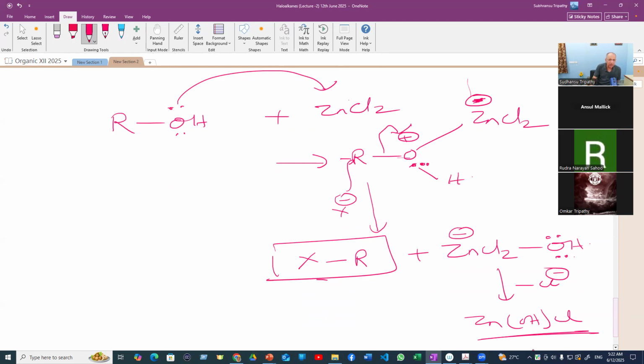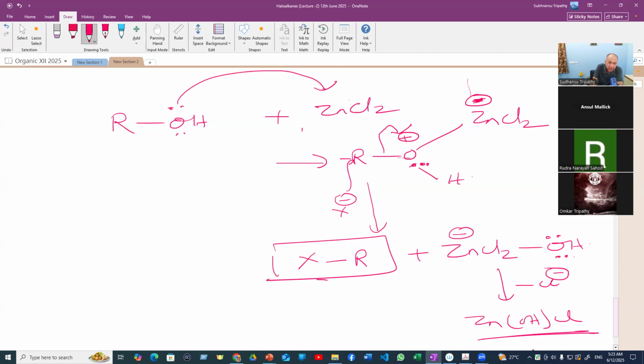So zinc ion acts as a Lewis acid to bind the oxygen and enhance the electrophilicity to the extent that rearrangement doesn't take place. If it goes completely away, if it is protonated, then water is a very good leaving group. Very good leaving group, it leaves first.